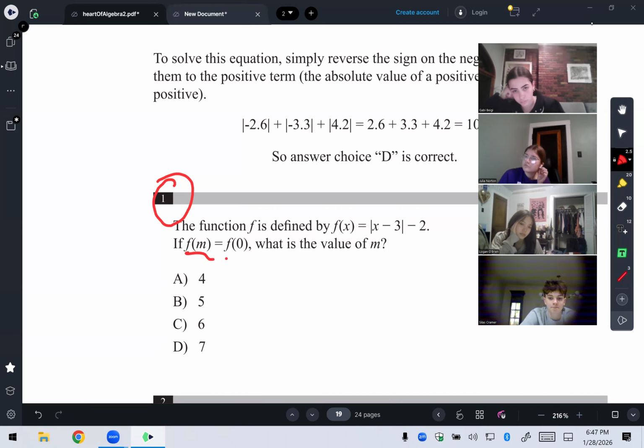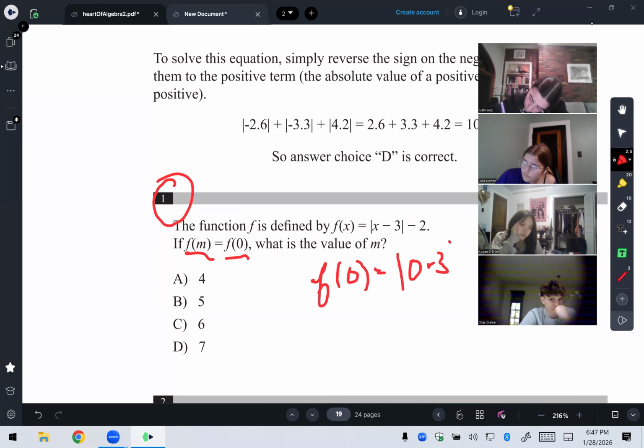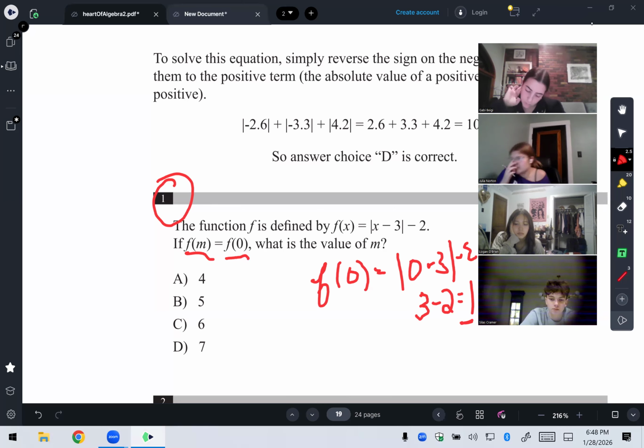F of m equals f of 0. So let's put f of 0 in here. So f of 0 would equal the absolute value of 0 minus 3, minus 2. That would come out as 3 minus 2, which would give us 1. So we want an answer that would kick out a 1 because they have to be equal.